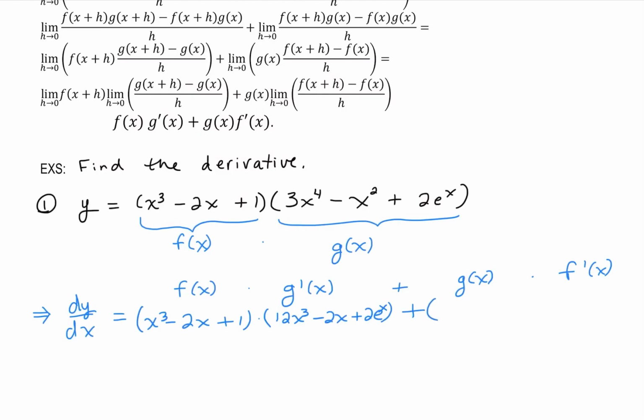Plus, and then changing that, now taking g left alone, so 3x to the fourth minus x squared plus 2e to the x, and now times the derivative of f. So that's going to be 3x squared minus 2. And that's it. We're not going to spend a lot of time going through and multiplying everything out.